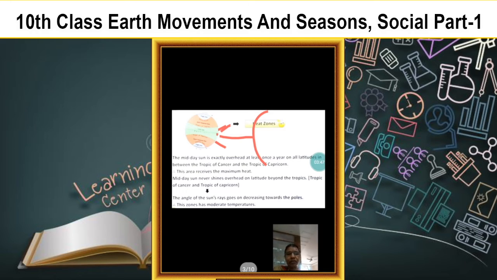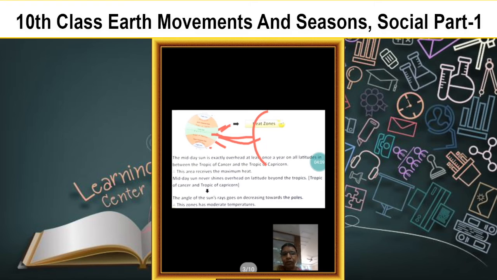Midday sun never shines overhead on latitudes beyond the tropics. What are the areas beyond the tropics? The orange parts, that are the temperate zones. Here, at midday, the sun never falls overhead. So this is called a torrid zone. Followed me?